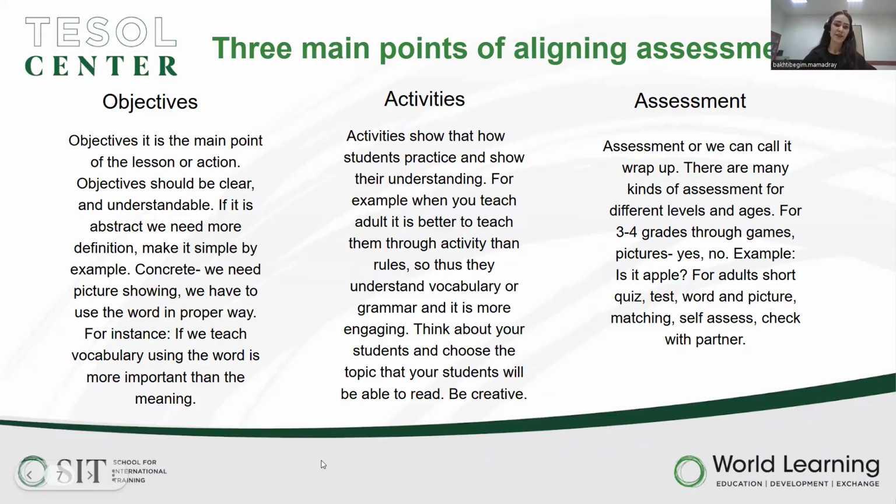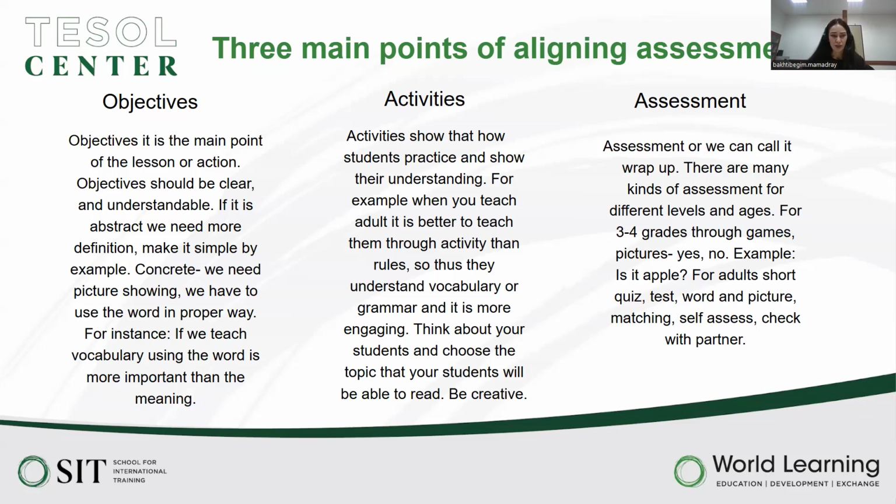And three main points of aligning assessment, as we already talked about: objectives, activities, and assessment. Objectives are the main point of the lesson or action. Objectives should be clear and understandable. If it is abstract, we need more definition, make it simple with examples.